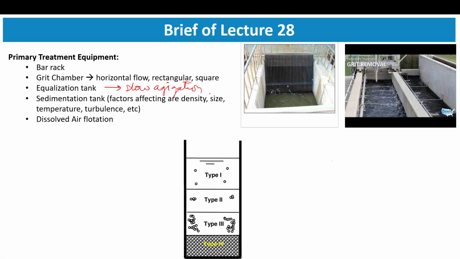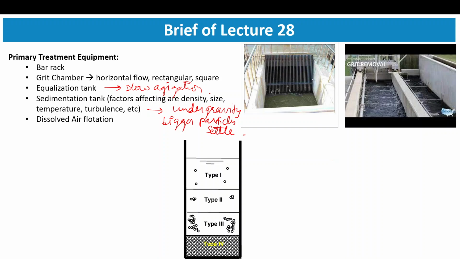So the next equipment we should talk about is the sedimentation tank, where sedimentation means we allow the particles of bigger size to fall under gravity. Under gravity, the bigger particles settle.